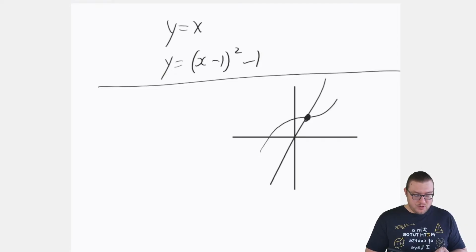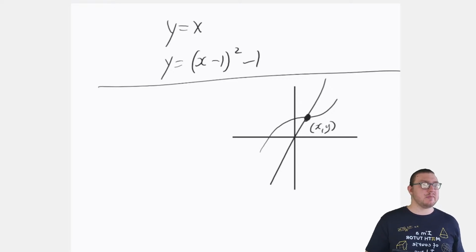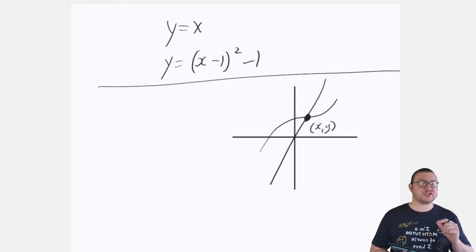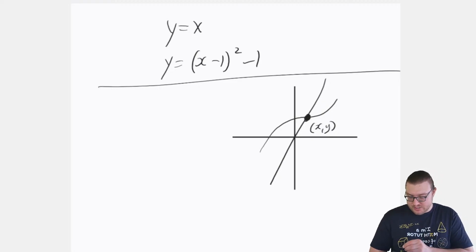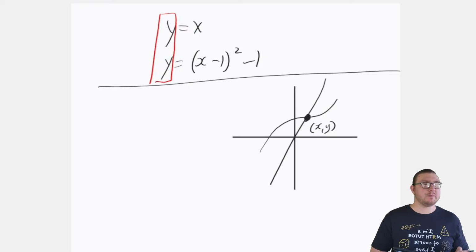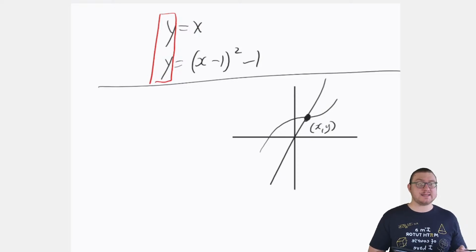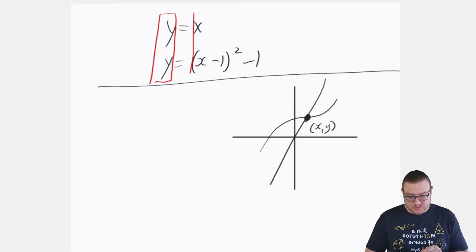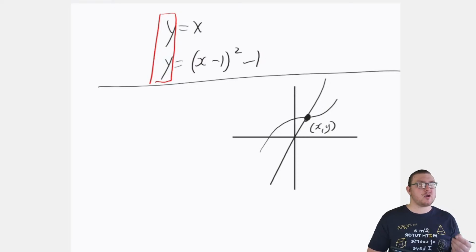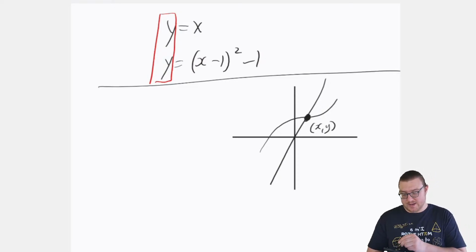And at that point, the x and y coordinates are exactly the same, and they're on both equations at the same time. So what we're going to do is write both equations in terms of y. And because the y's are the same number only at those points of intersection, we're going to be able to set these equal to each other because they represent each y.